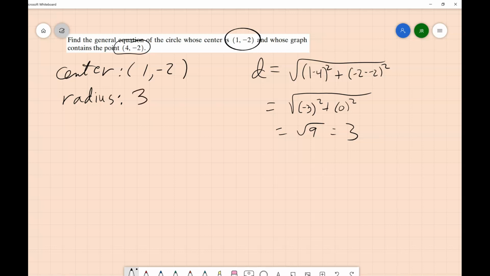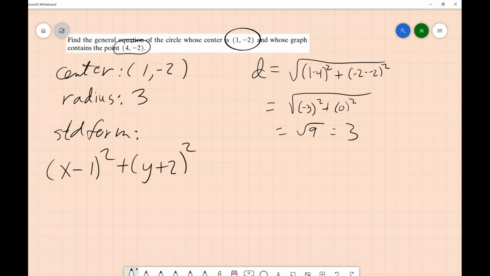So now I can say the standard form of the circle is x minus 1 squared plus y plus 2 squared equals 9. All right, there's my center. Okay, that's where I got the 1 and the 2 and negative 2 from. And there's my radius. That's where I got the 9 from.